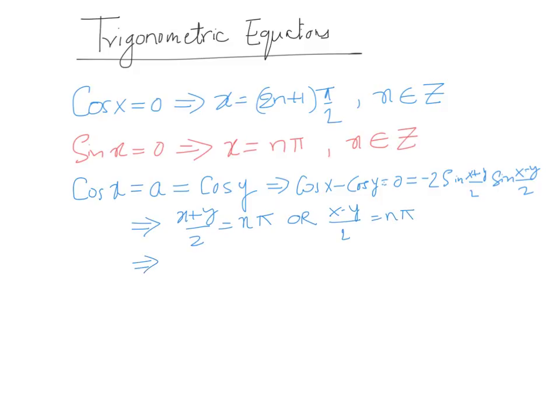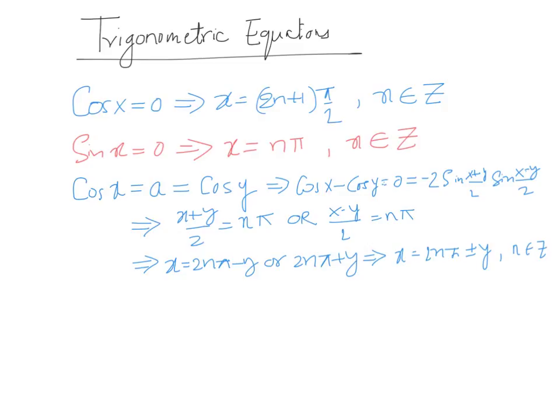That is, either x equals 2n pi minus y, or it is equal to 2n pi plus y, and we can combine both these possible solutions into one by saying that x equals 2n pi plus or minus y, such that n belongs to the set of integers.